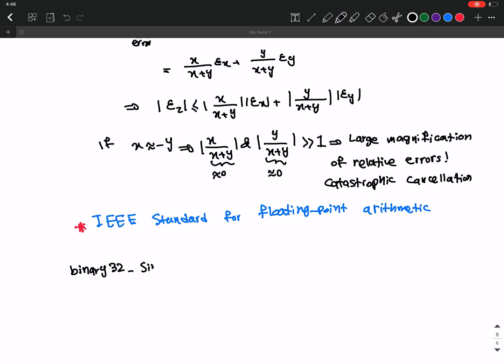This is going to be single precision arithmetic, and the significant digits for this are going to be 24, and the exponent digits how many? Since we have 32 bits, it is going to be 8.